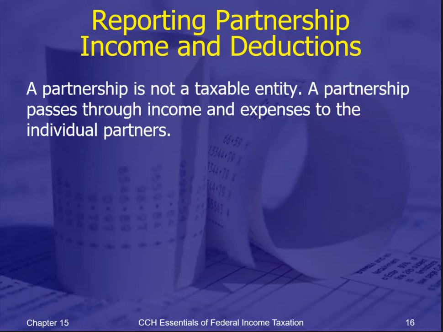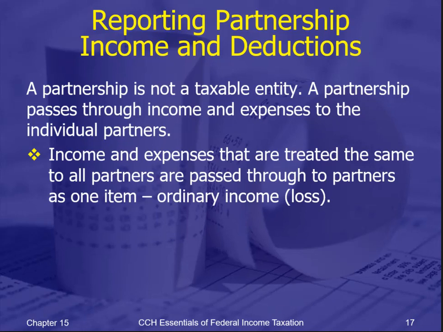Partnerships, though, do not themselves pay taxes. They simply report income and expense items. They provide a K-1 that's similar to a W-2 that you're familiar with, reporting the income that is earned by the partnership on behalf of the partners.